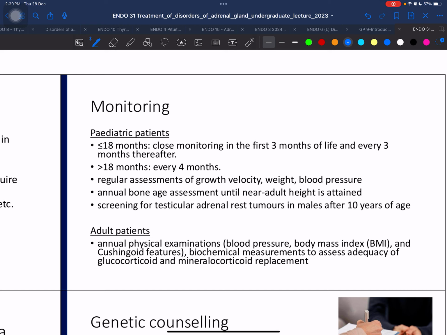monitoring, you need to assess the patient's growth velocity. This is a pediatric patient, right? How tall the patient is, the weight, the blood pressure, annual bone age assessment to see whether the patient is growing with age until near adult height is attained, and also screening for testicular adrenal rest tumors in males after 10 years of age. What is TARTs? Testicular adrenal rest tumors, TART.